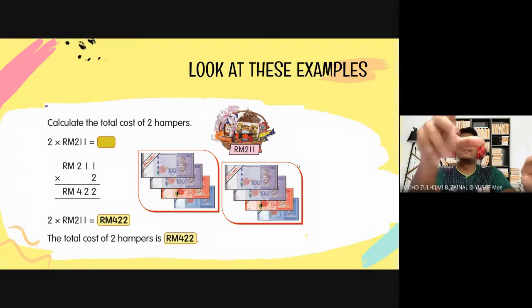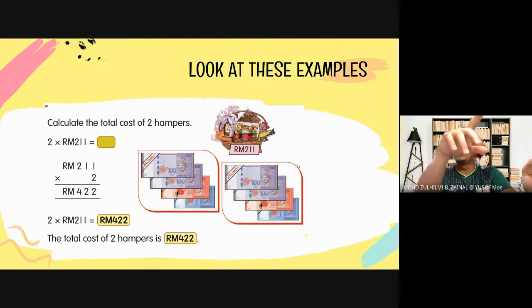So the first example here is how to simply multiply a number that is small, using the small unit, and also no cent. Only involve the RM unit. So 2 times 211.